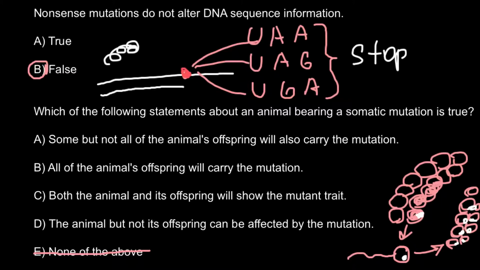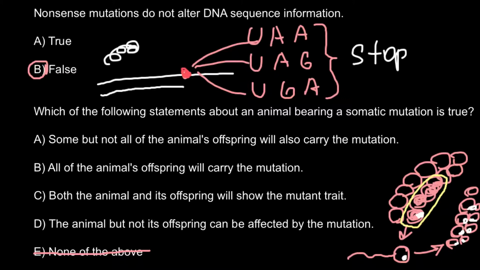But as you know, reproductive organs in males and females that produce sex cells are very small, meaning that only very few cells in our organism are germline cells and sex cells, and that means that most of the cells in our organism are somatic cells.